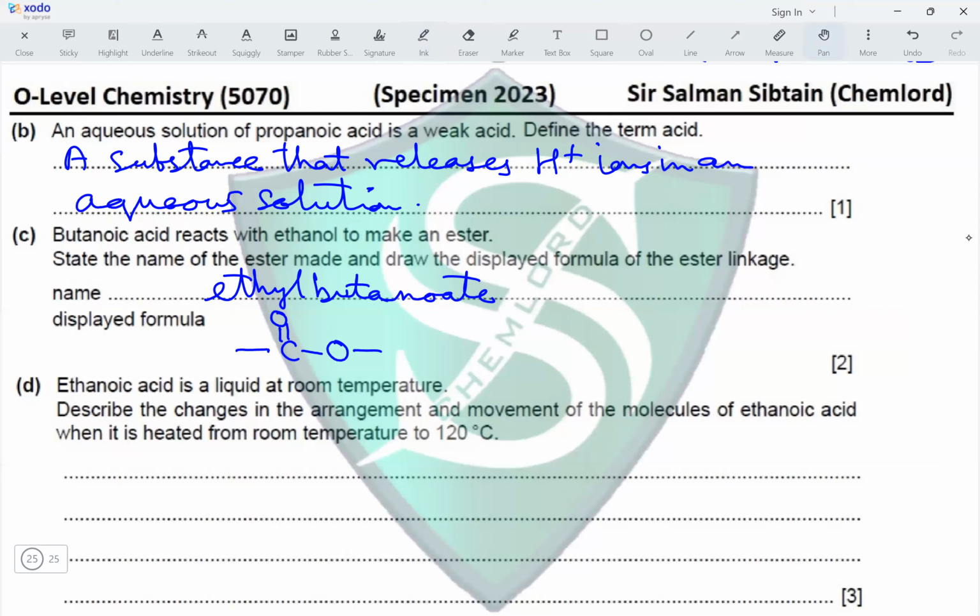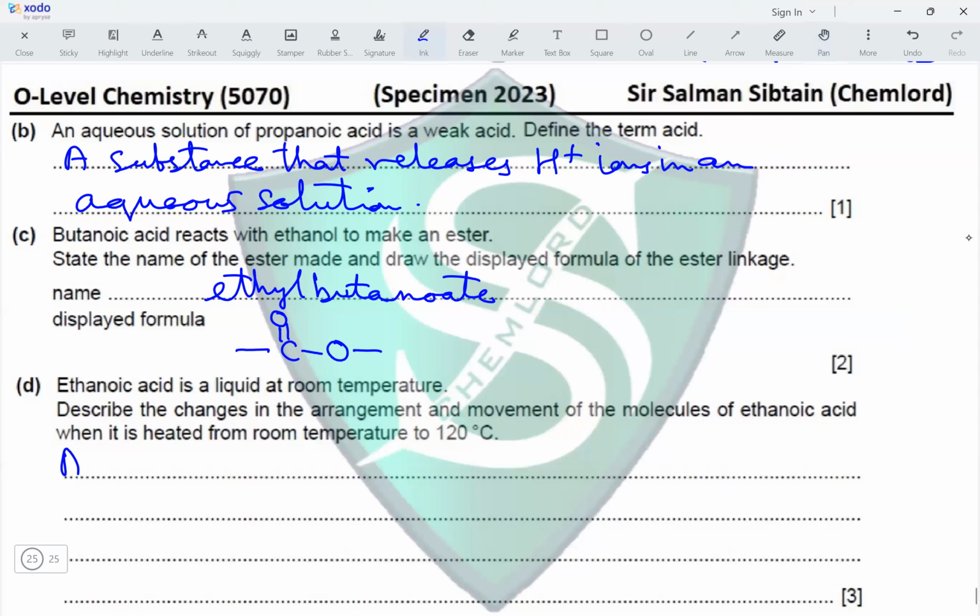Part D. Ethanoic acid is liquid at room temperature. Okay. Describe the changes in the arrangement and movement of molecules of ethanoic acid when it is heated from room temperature to 120 degrees Celsius. So it will convert into a gas, right? Now, how do we define this?